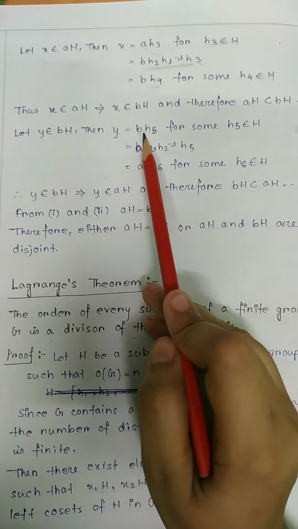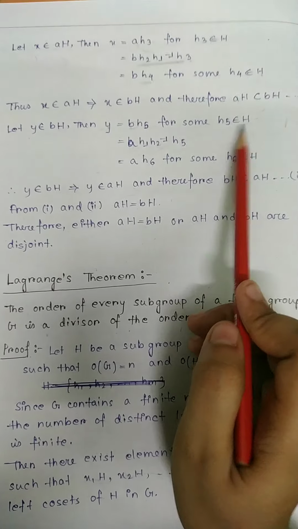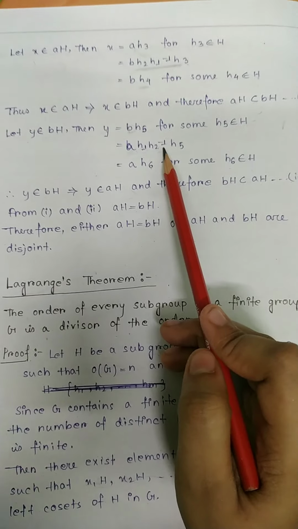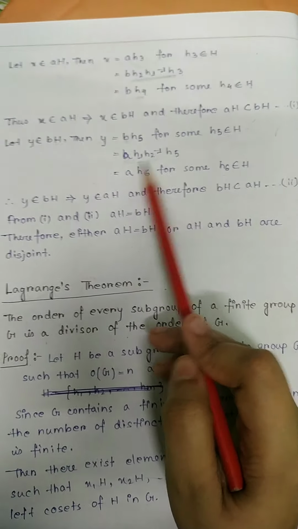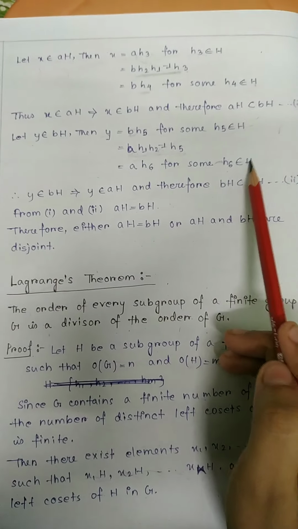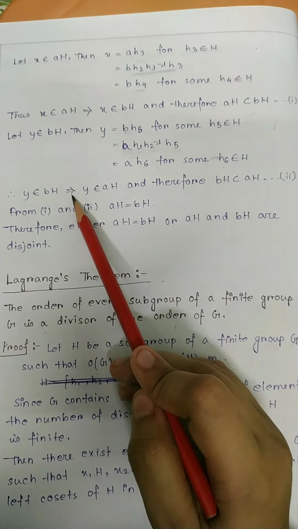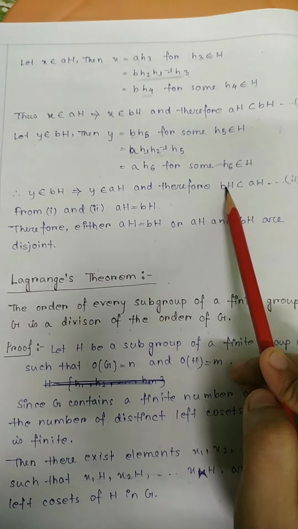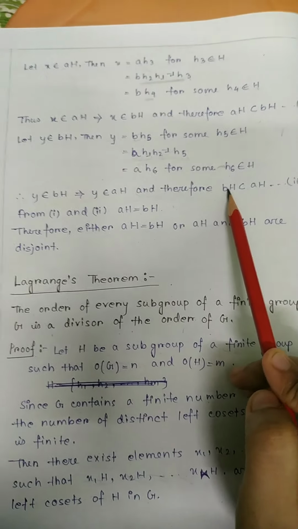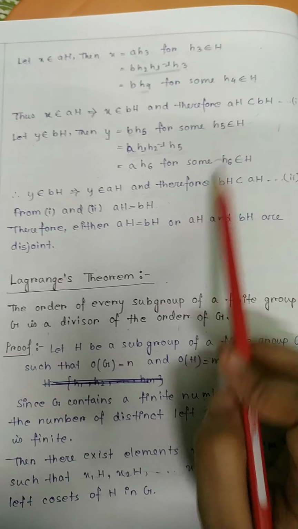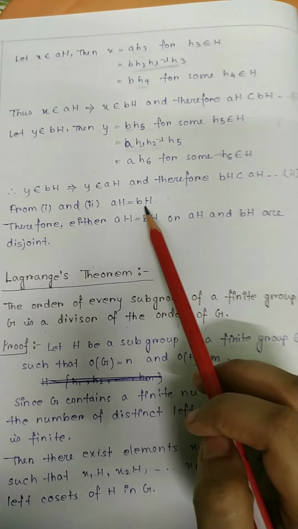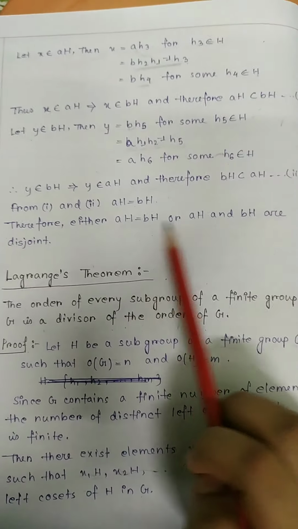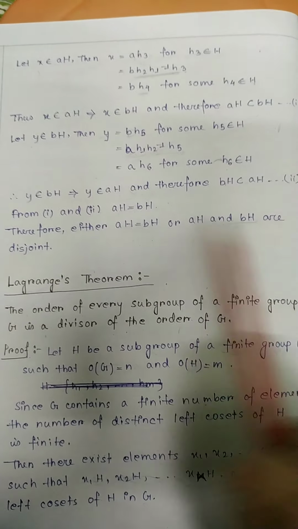Then y equals bh5 for some h5 belonging to H, equals ah1 h2 inverse h5, which is ah6 for some h6 belonging to H. So y belongs to bH implies y belongs to aH, and therefore bH is a subset of aH. From 1 and 2, aH equals bH. Therefore, either they are the same, that is identical, or they are disjoint and have no common element.